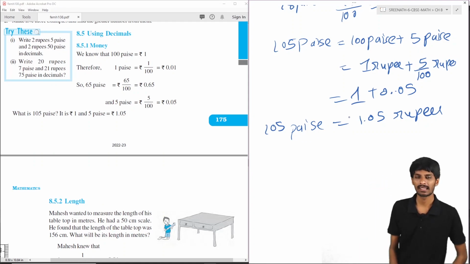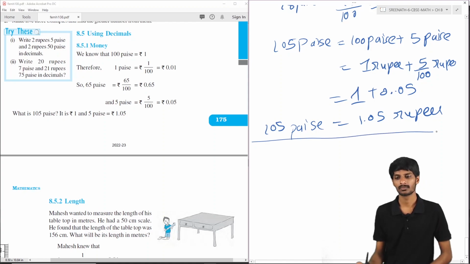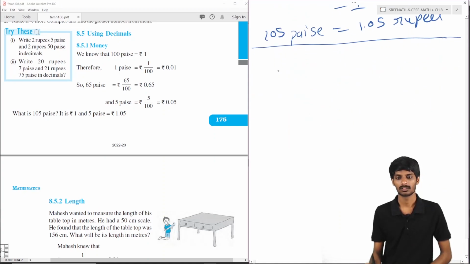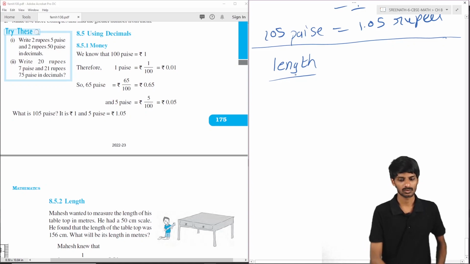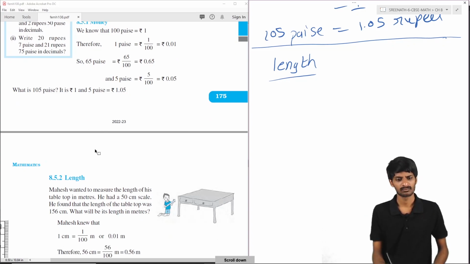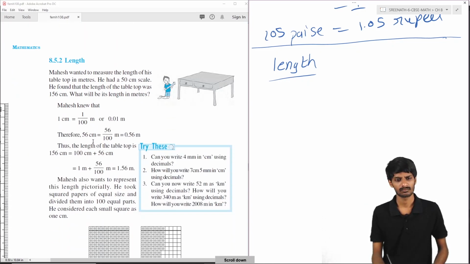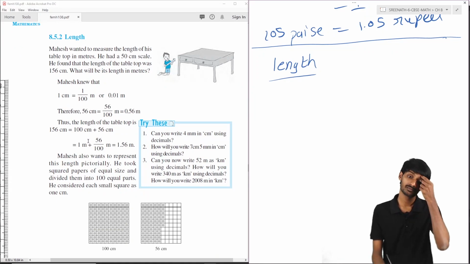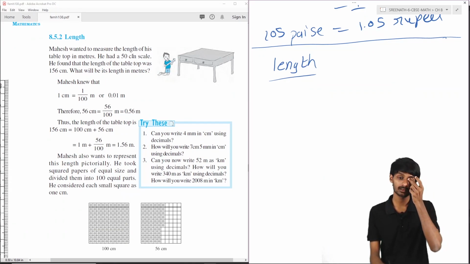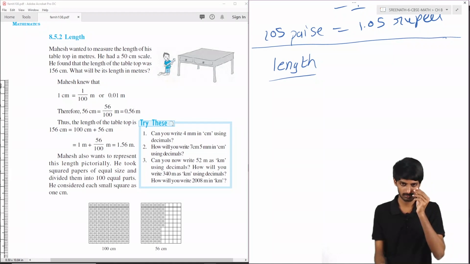Next thing is about length. Mahesh wanted to measure the length of his tabletop in meters.